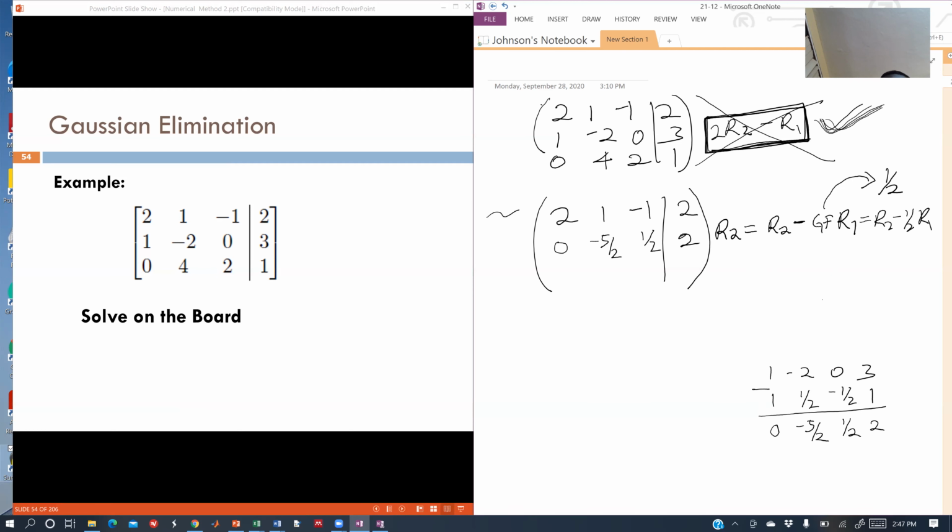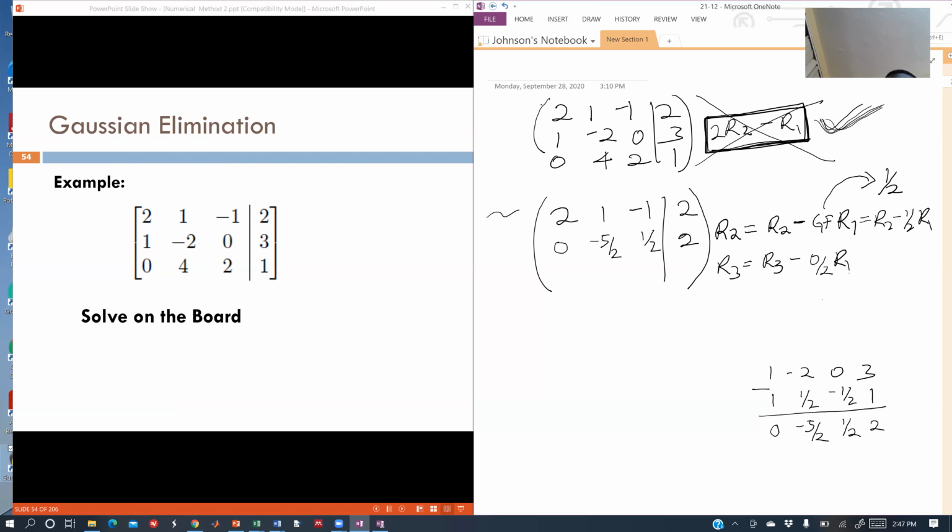I'm very sure now you can actually predict or tell me the operation at row 3. Row 3 is equal to the old row 3 minus, what is the Gaussian factor now? The Gaussian factor is 0 divided by 2. So let me write it as 0 over 2 row 1, because row 1 is still our pivot row.